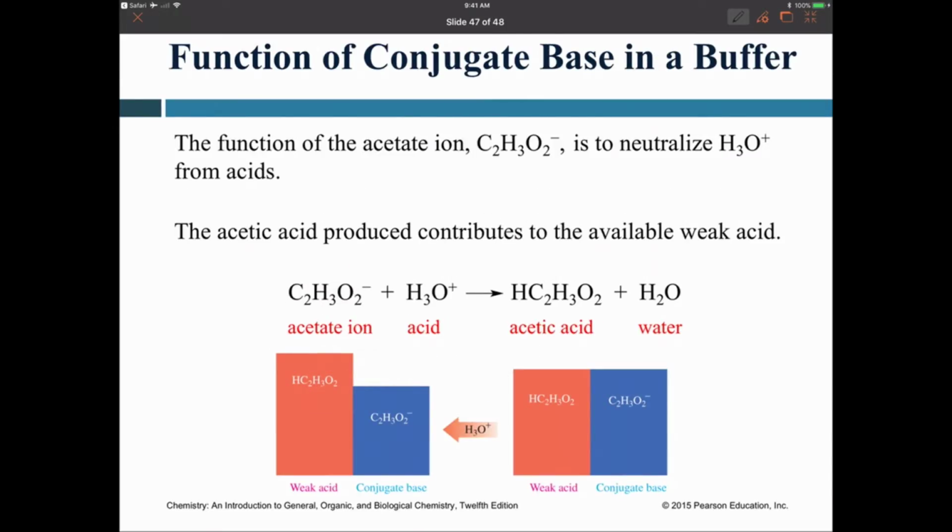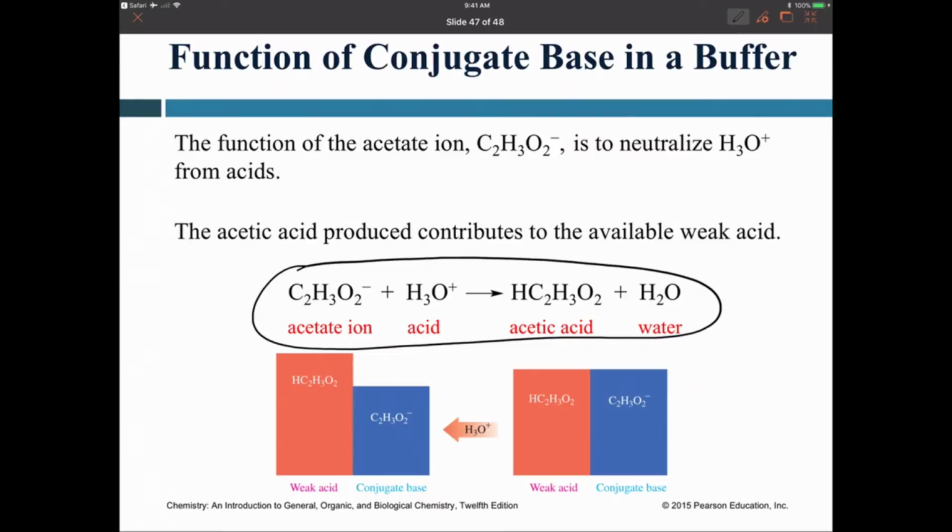Now, what if we have this reaction going on? We have acid being added to our equilibrium. That means the negative ion is going to react. It's going to produce the acid and water. So notice, this is an equilibrium with that.